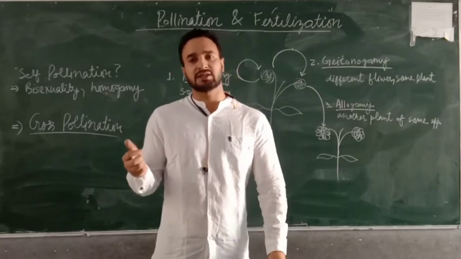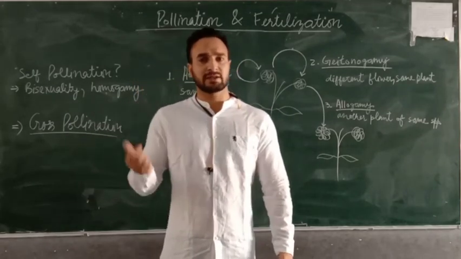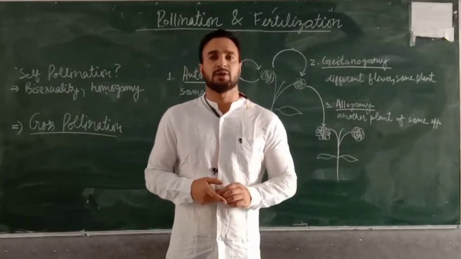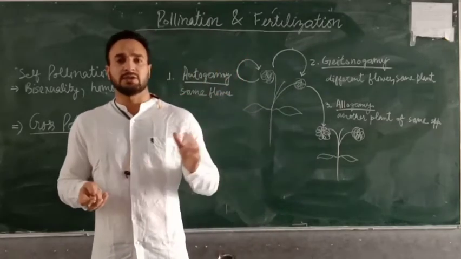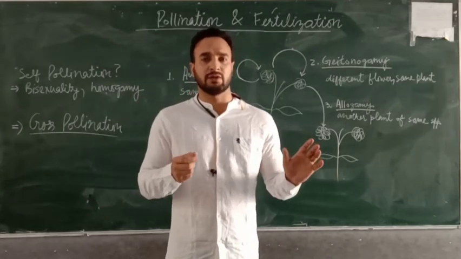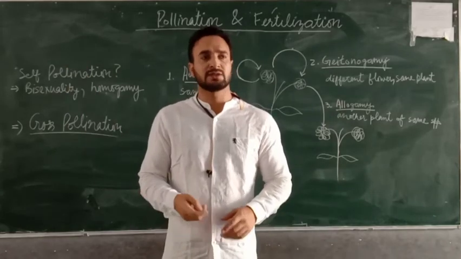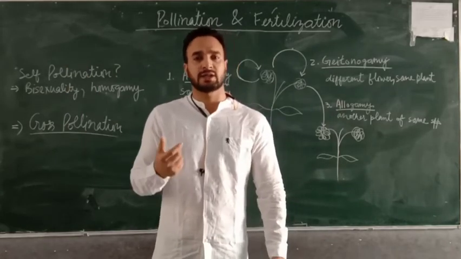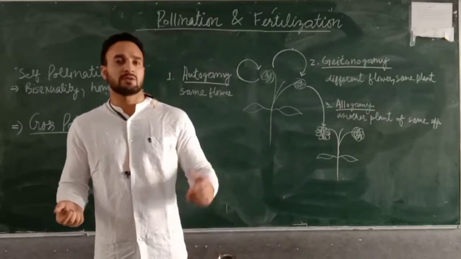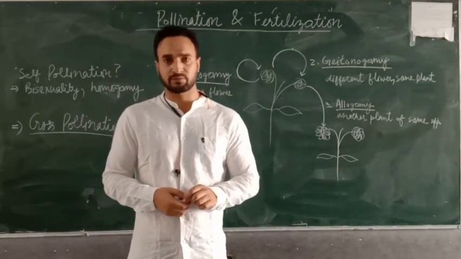The prime condition is that the plant is the same. And then there we have another kind of pollination, that is cross-pollination. Cross-pollination is the transfer of pollen grains from the anther to the stigma of a flower from one plant to another plant. Means two plants are required in case of cross-pollination, while only one plant is required in case of self-pollination. Right?